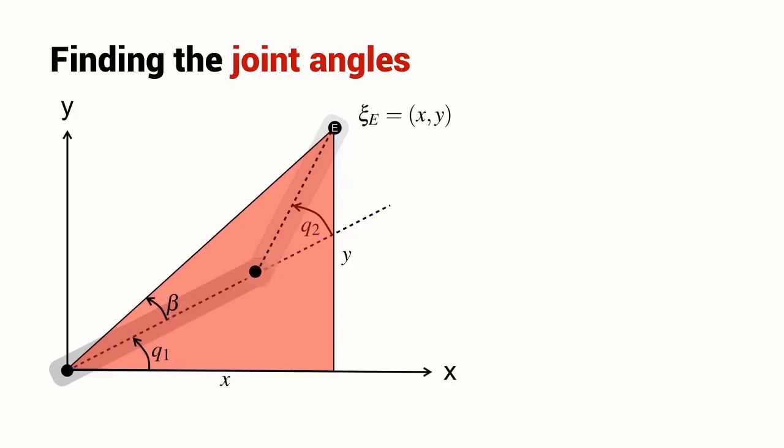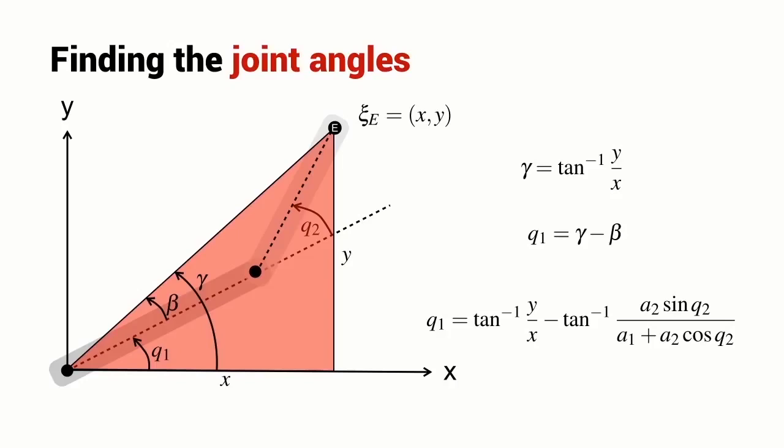Going back to the red triangle that we drew earlier, we can establish a relationship between q1 and the angle beta. Introduce yet another angle, this one gamma, and we can write a relationship between the angle gamma and the tool tip coordinates x and y. Now we can write a simple relationship between the angles that we've constructed, gamma and beta, and the joint angle we're interested in, which is q1.